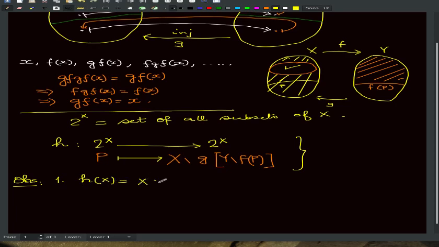This is X minus G of Y minus F of X. Now, Y minus F of X is actually smaller than Y. So when you take it out from X, this is one to one, right? So this gets bigger, right?